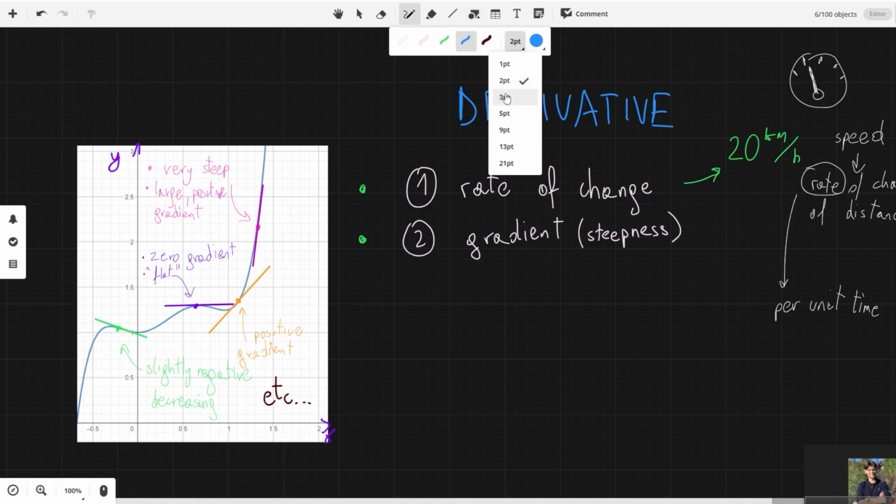And one last thing to touch up on now is the notation.